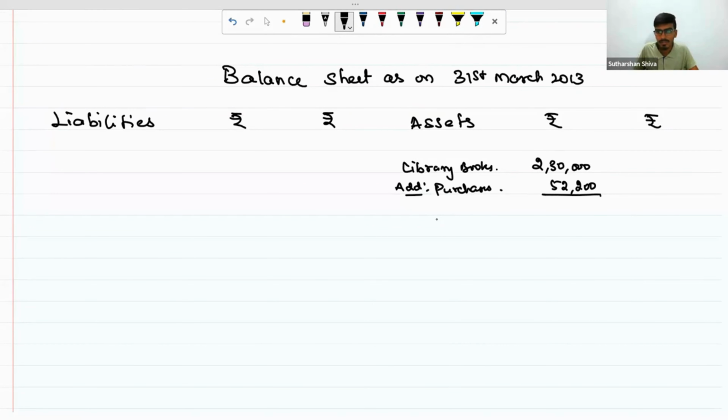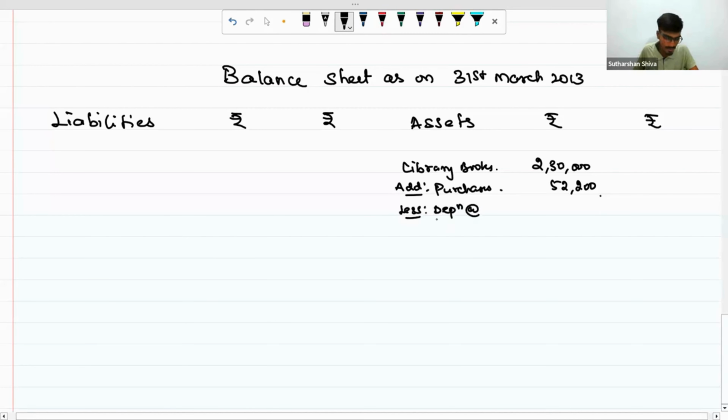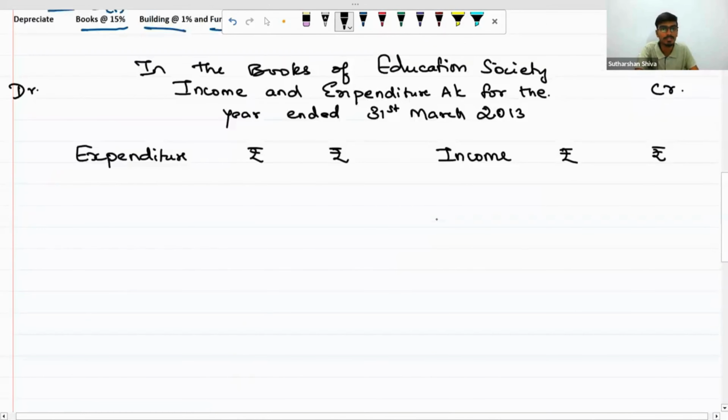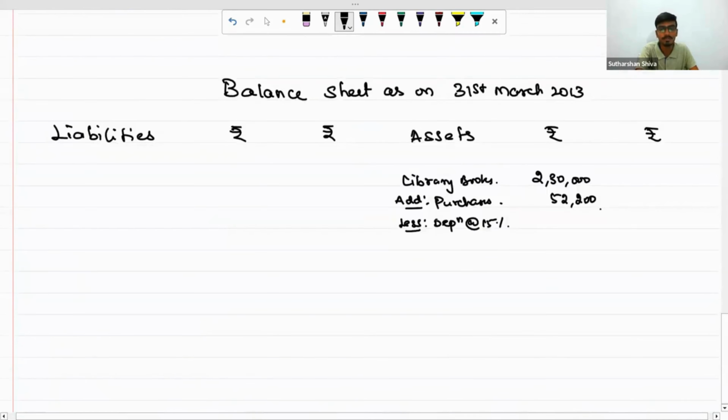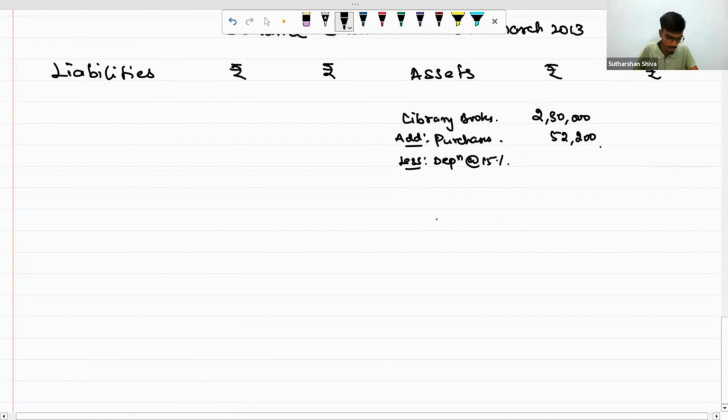What is the total value? Or we will do one thing, we will directly calculate it and less depreciation at how much percent? Depreciation should be done on the books at 15%, if I am not wrong. Yes, 15%. Take a calculator. 2,30,000 plus 52,200 into 15%.